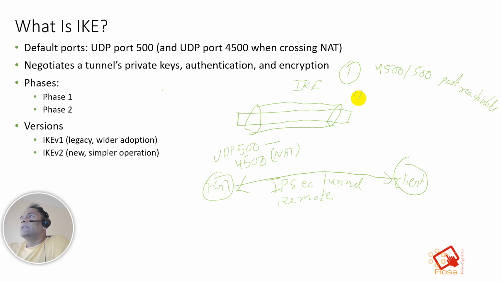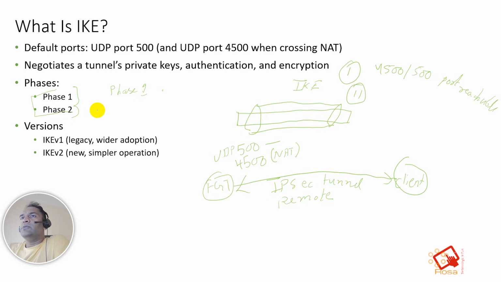Then second, the phase 1 and phase 2 parameters should be configured correctly. So what is phase 1? A simple overview: phase 1 negotiates the encryption mechanism that will be followed between the client and the FortiGate to establish a secure communication.